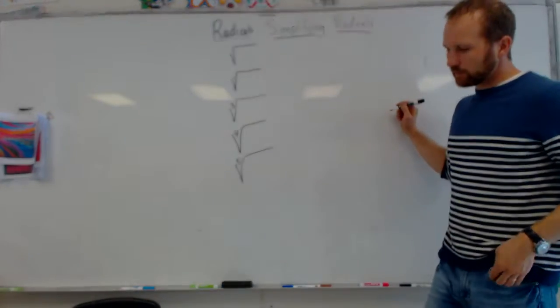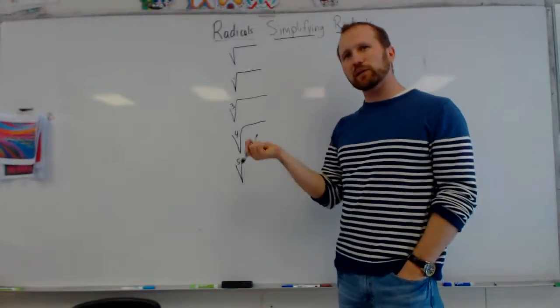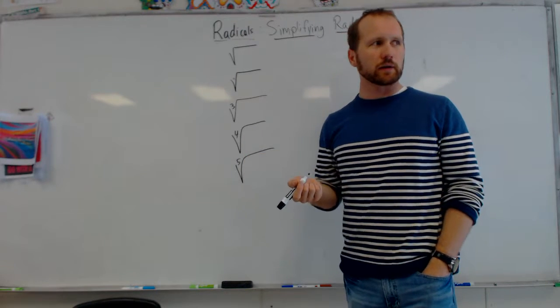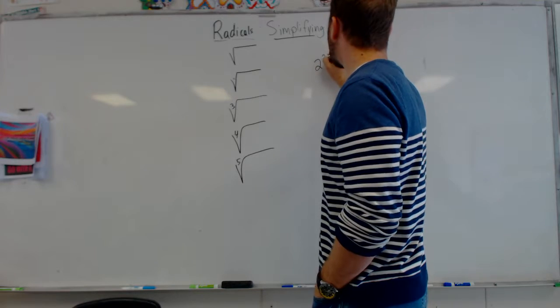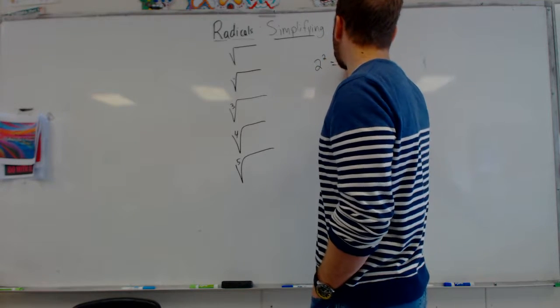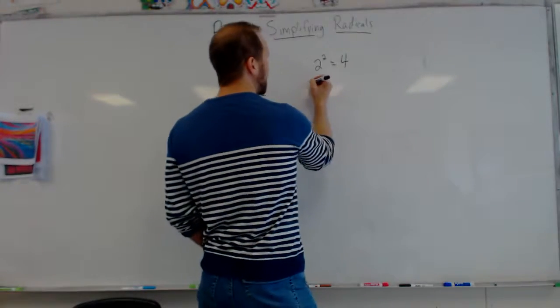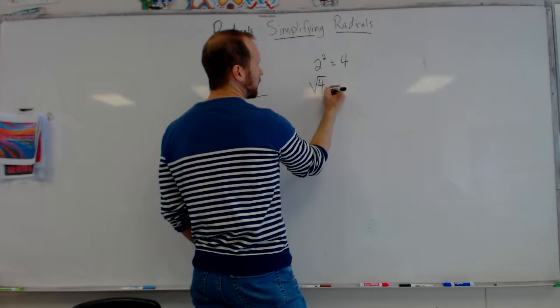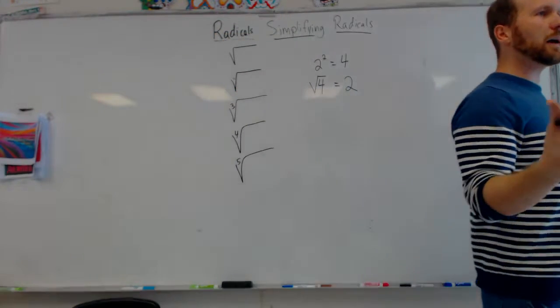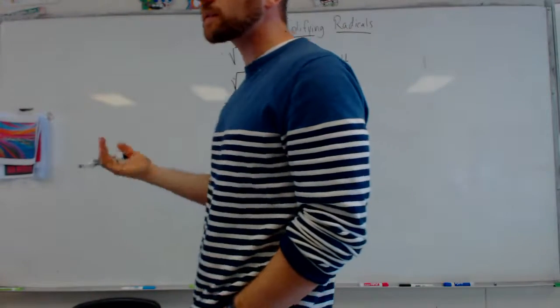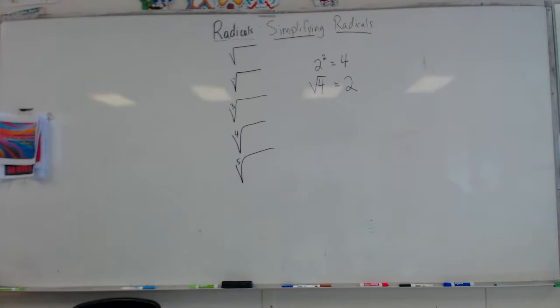One reason is a radical or a square root is sort of the opposite of an exponent in a way. Because I know 2 squared equals 4, right? But then I know the square root of 4 equals 2.